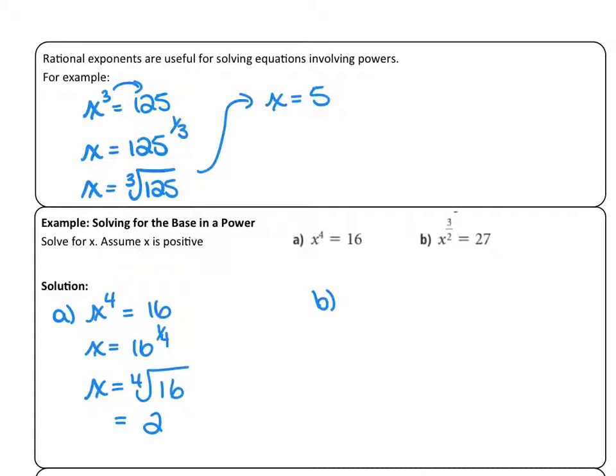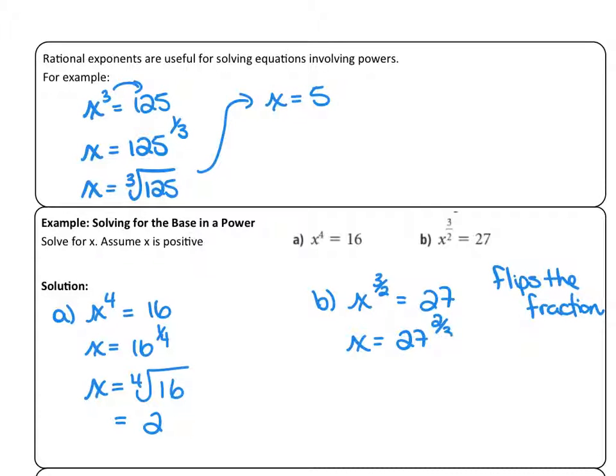B, now this one's a little bit different because we actually have a fraction there. So what happens when you move it to the other side is the fraction flips over. So when we do this, it's going to become 27 to the 2/3.